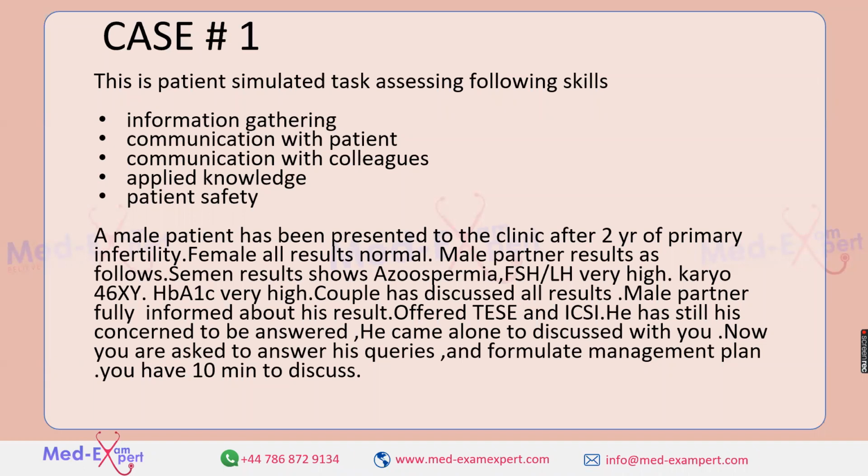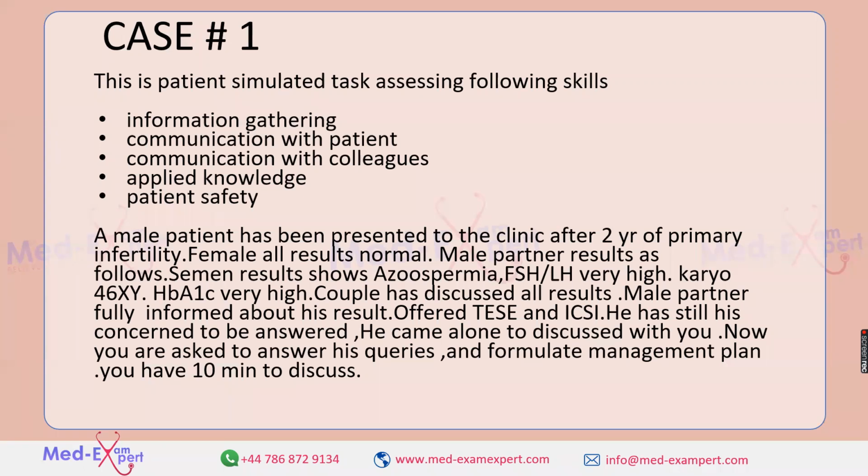But before that, is it okay if I ask you a few general questions related to your general health? Yes, please, doctor. Smith, are you alone here, or do you want somebody to be with you, like your partner or someone else? No, doctor. I don't like anyone to come here. I want to discuss with you alone.